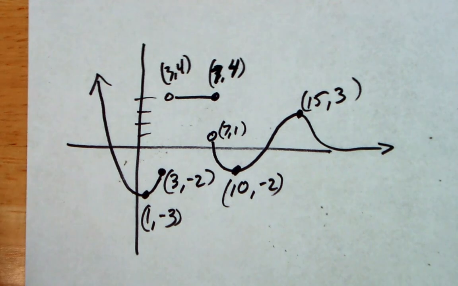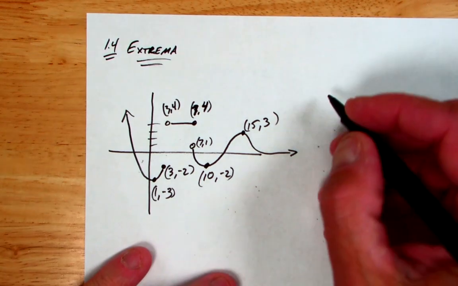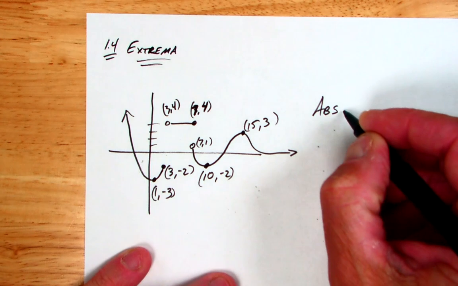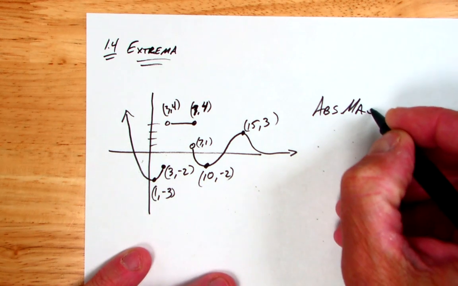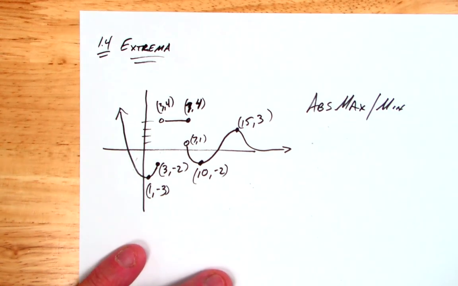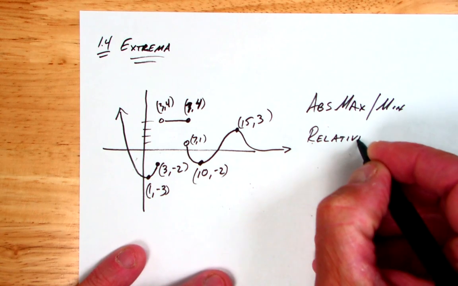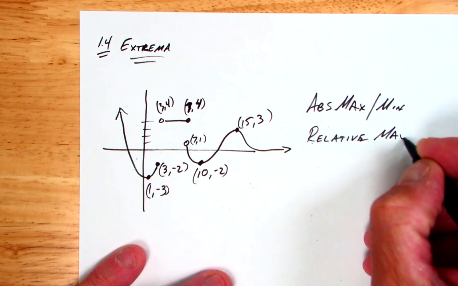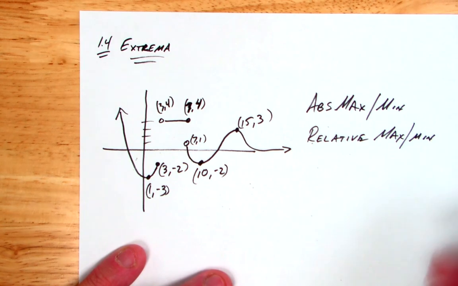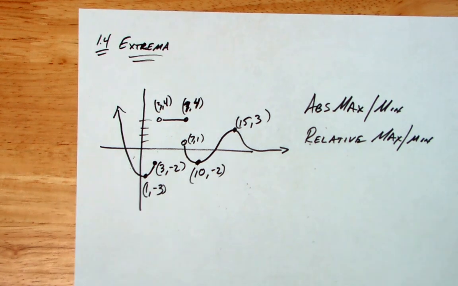My extrema fall into a couple different categories. We have an absolute max or minimum and a relative max or min. Absolute max is just the highest it ever gets.